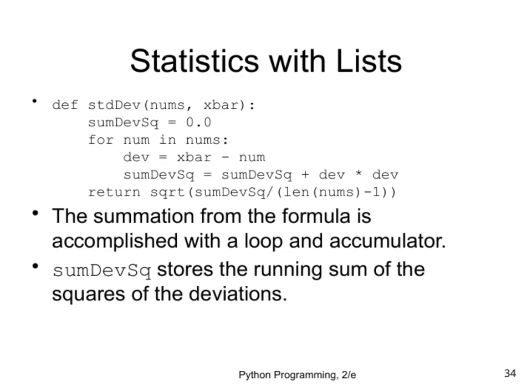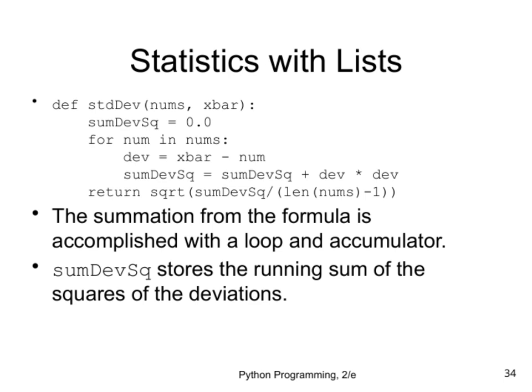After the loop has processed all numbers, we compute the standard deviation by taking the square root of the total sum of squared deviations divided by the number of data points minus 1. This division by len(nums) minus 1 is important because it provides an unbiased estimate of the population's standard deviation, especially when working with a sample.